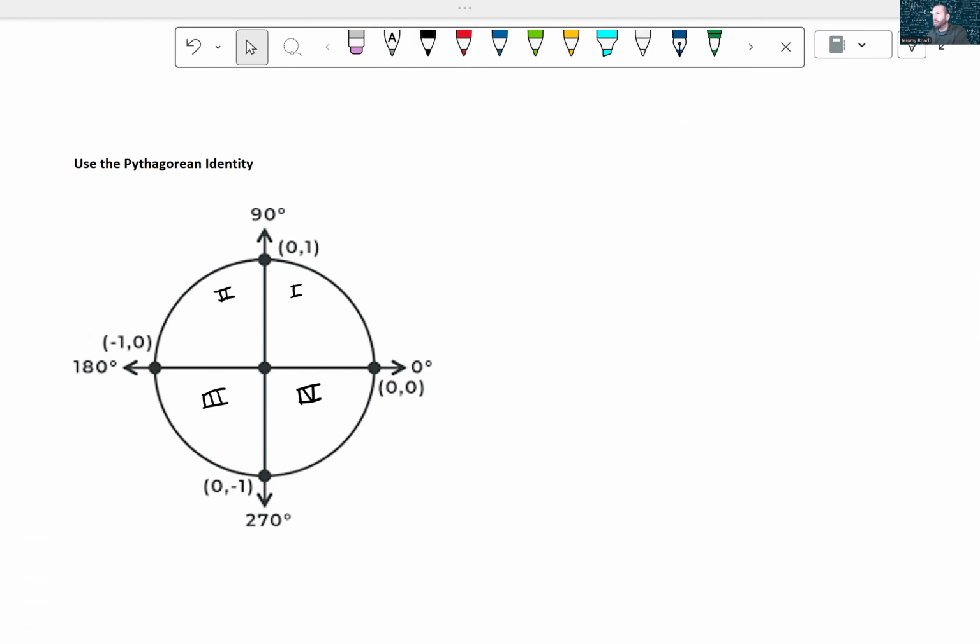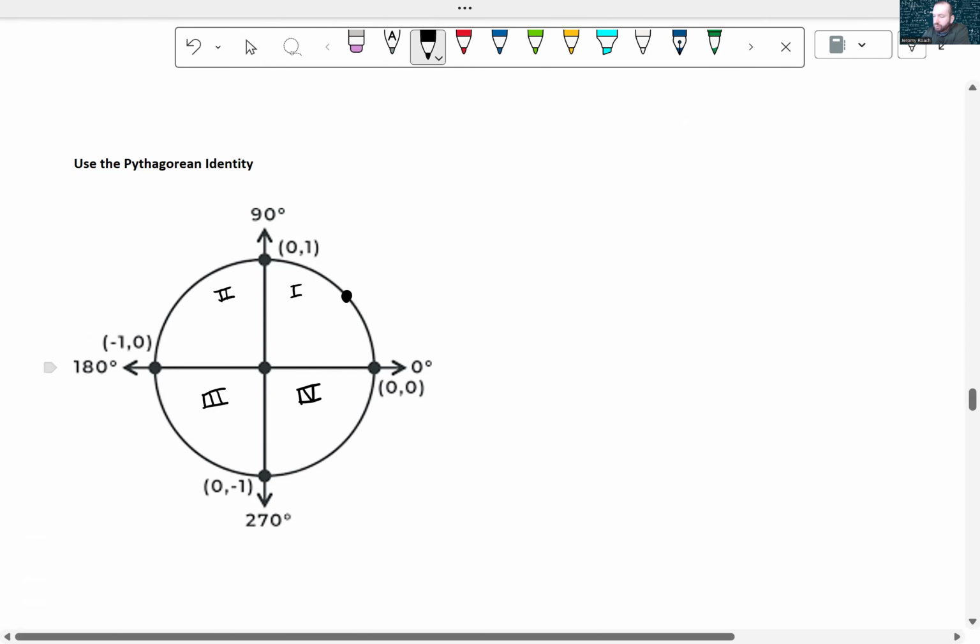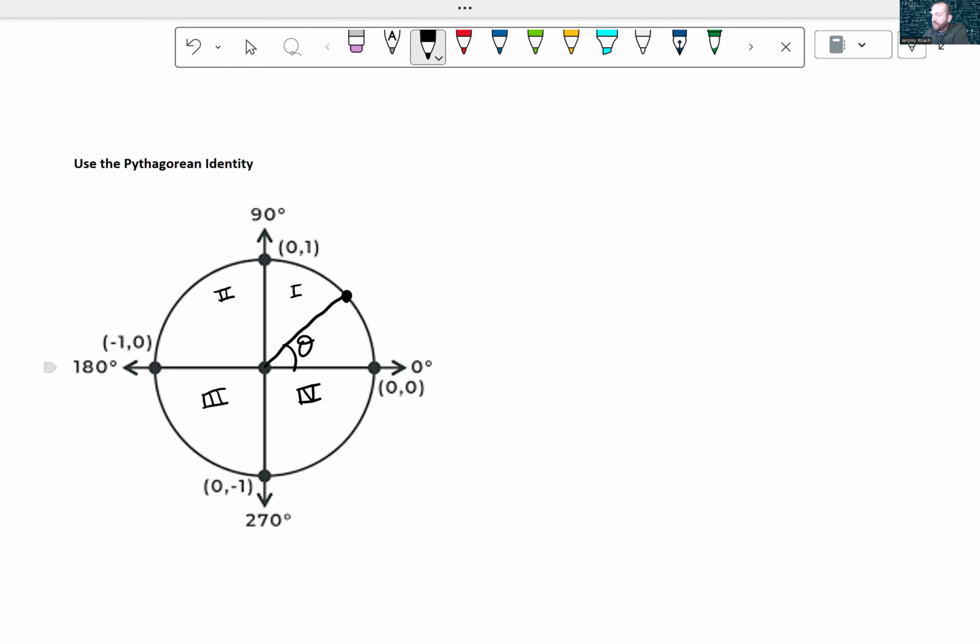Let me show you what I mean by that. If we have an angle from here to here, and we'll call that our angle theta, this point represents cosine of theta, sine of theta. Earlier, I just simplified it.